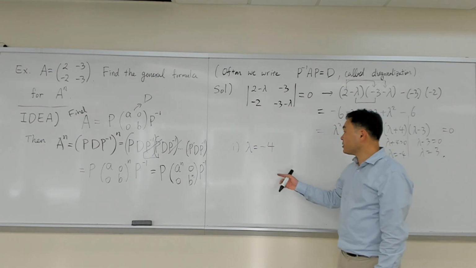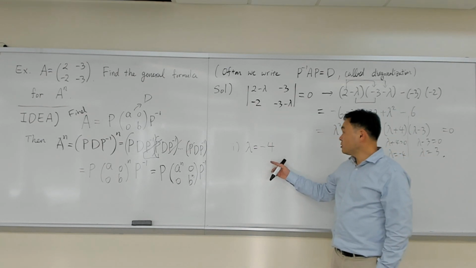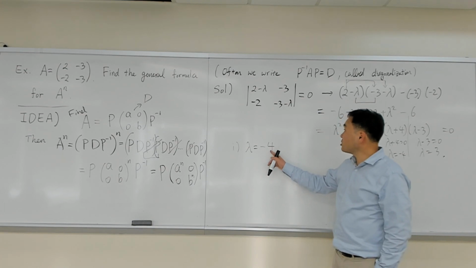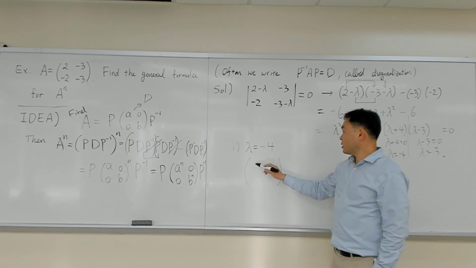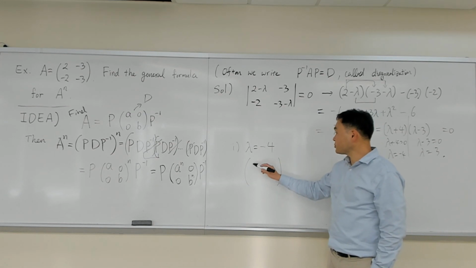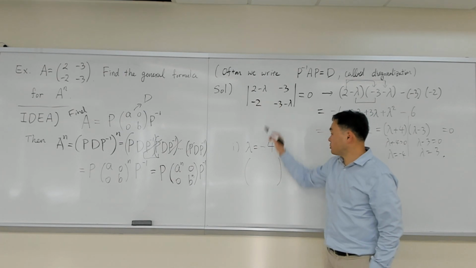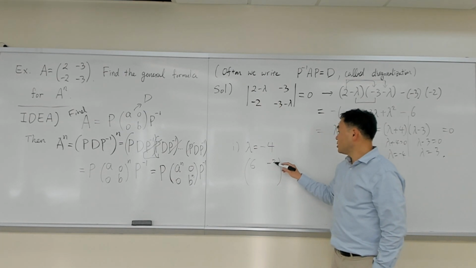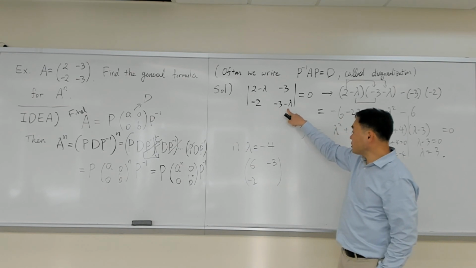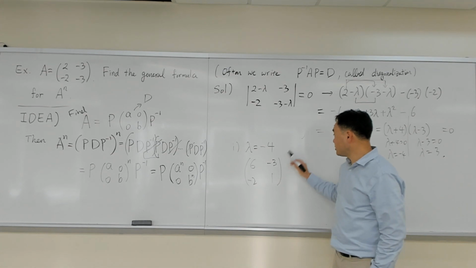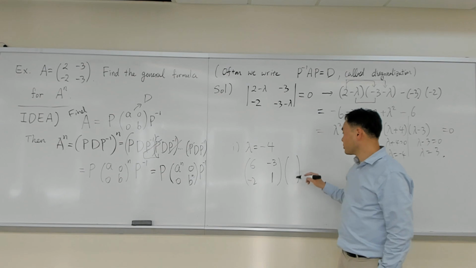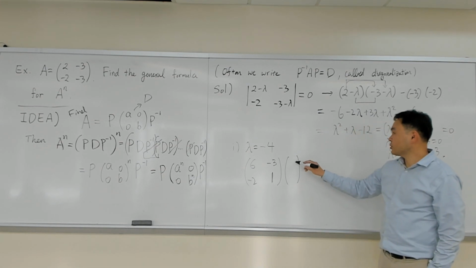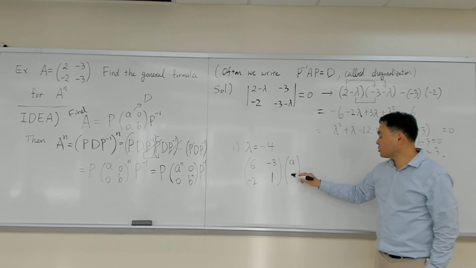So let's try that. The eigenvector equation is to plug those numbers back into the matrix as 2 minus negative 4 would be positive 6, minus 3, and then negative 3 minus negative 4 would be positive 1, and then you're going to have two unknowns.